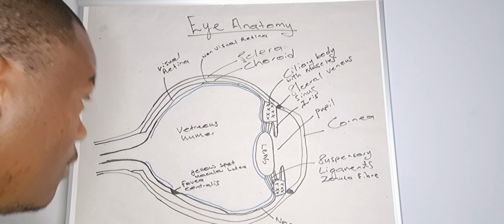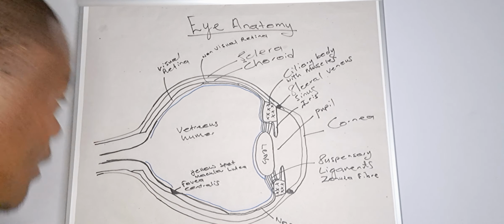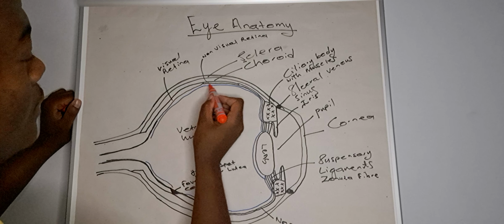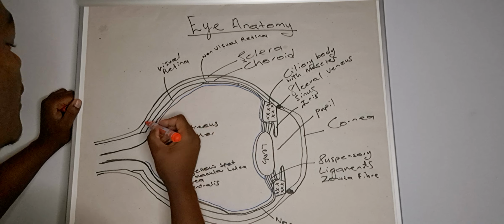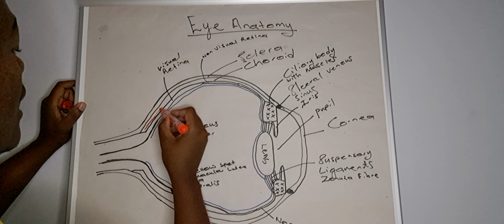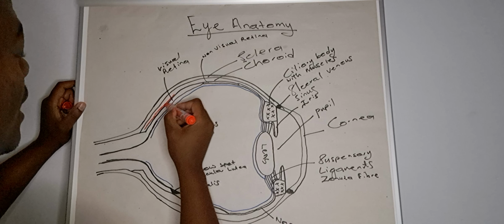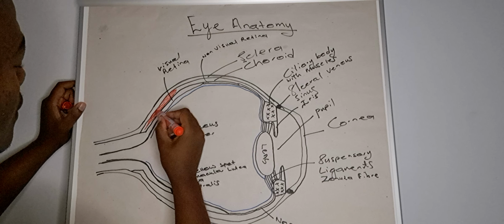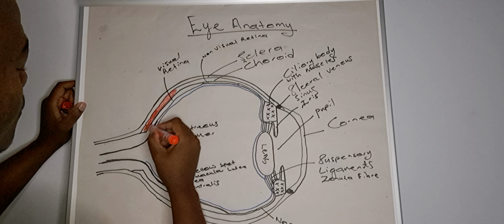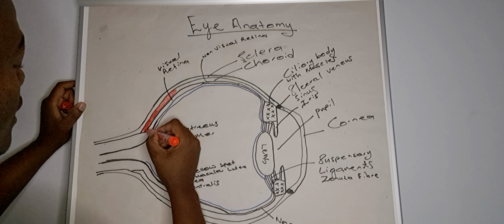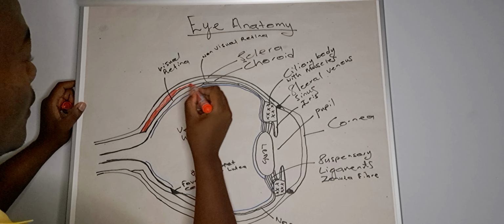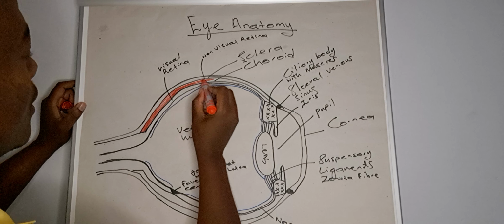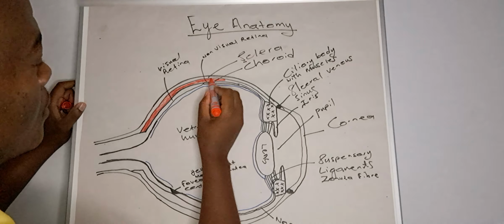Let me color this a bit. Our second layer, our choroid, we color it in red because it will distribute blood to the most part of the eye. Bear with me. I just want to do an anatomical structure that can be a little bit visible to everyone and then a little bit understandable also.